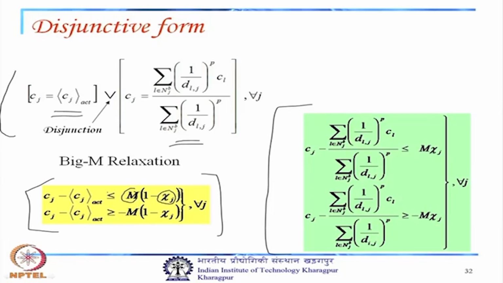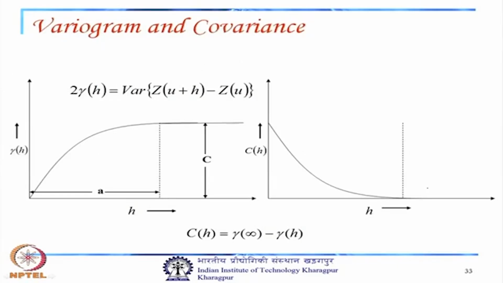That means both equations converge to the equality constraint, and C_j will be calculated based on the actual value, otherwise it will be calculated from this particular equation.